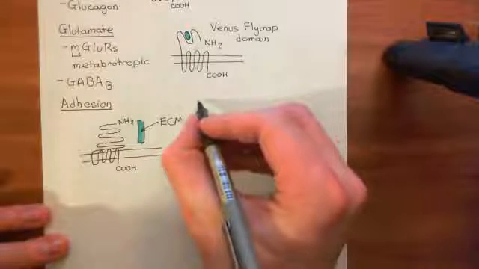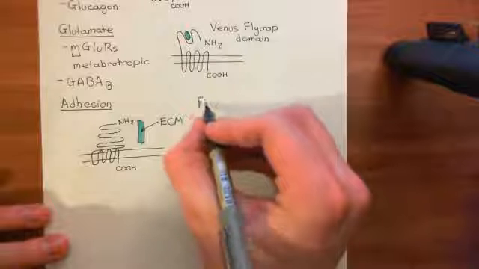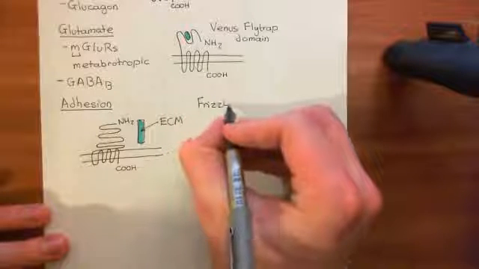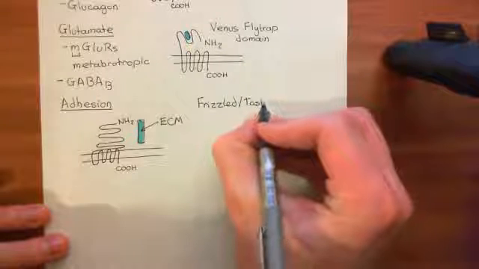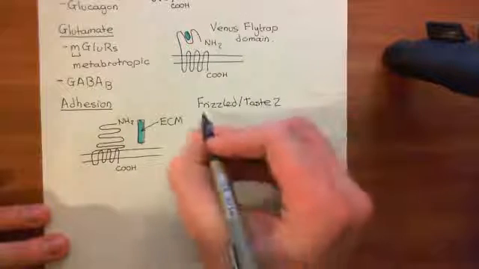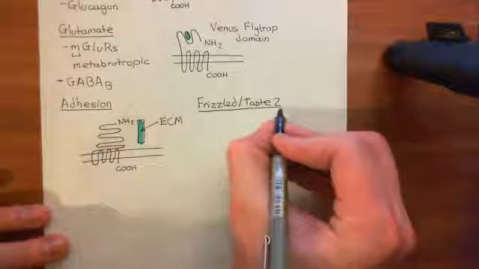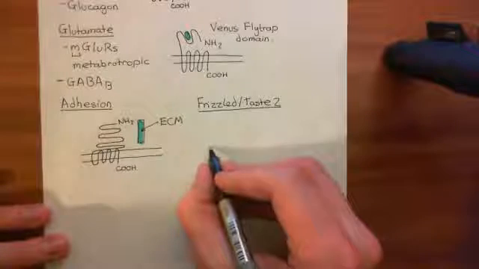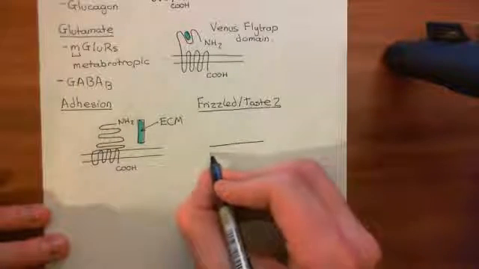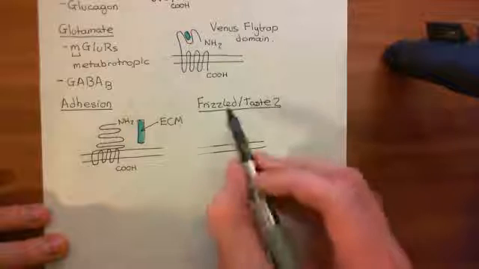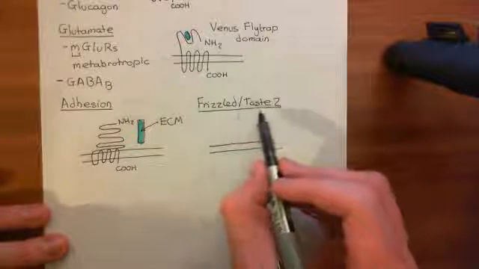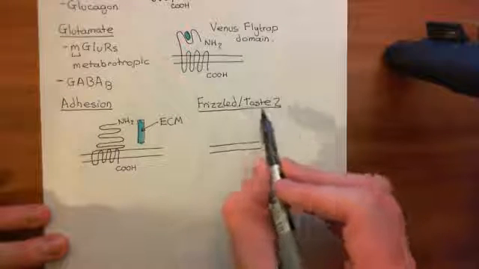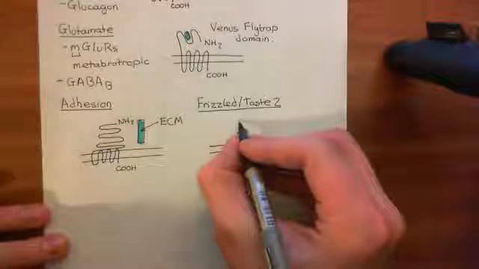Okay, and the final family of G protein coupled receptors is the frizzled/taste2 receptors. Okay, so the frizzled/taste2 family of G protein coupled receptors. And basically, this family has the stupidest name, and the reason is that it's named after its 2 main members, which are the frizzled receptor and the taste2 receptor.